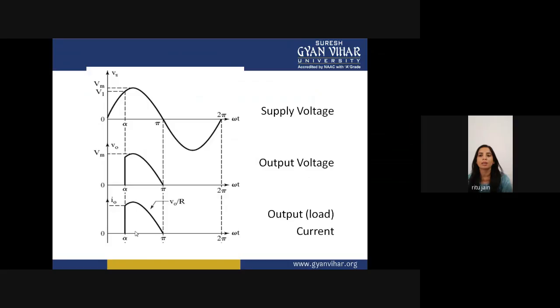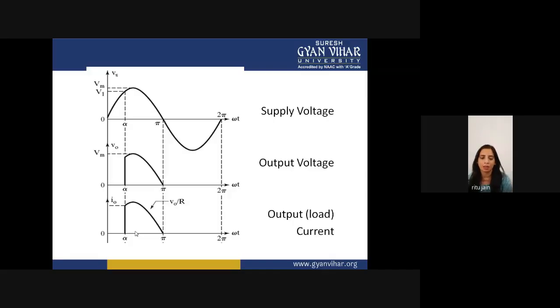The second reason is that after pi, the negative cycle appears, so negative voltage appears across the SCR. The SCR comes into the forward blocking mode, and there is no conduction and no current flow through the SCR.